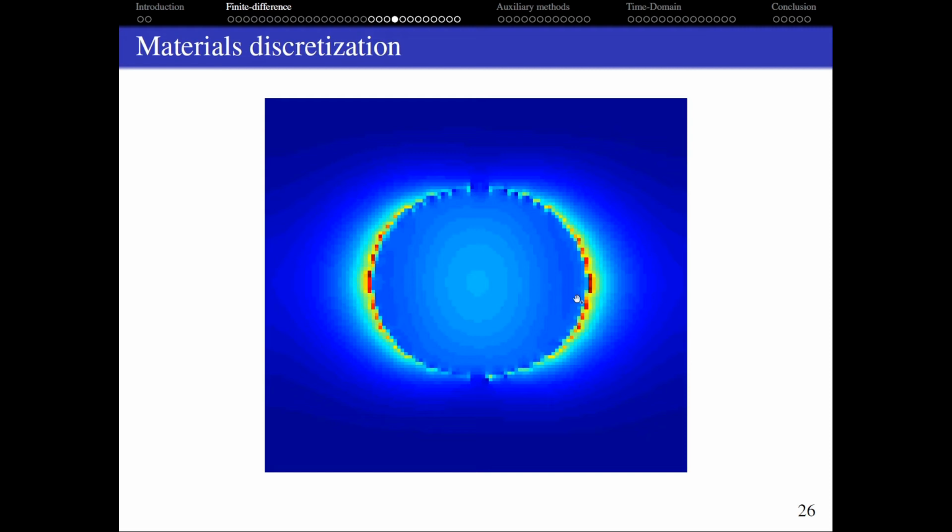So one must be aware of this stuff, and it can be very tricky because sometimes you can see in papers that people say that they have a field enhancement that is very, very high, and actually if we were to look, for instance, at this point, this is the maximum, it will be very high, but this is only due to the discretization.